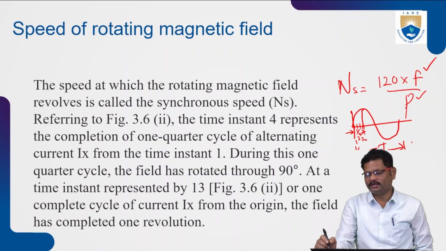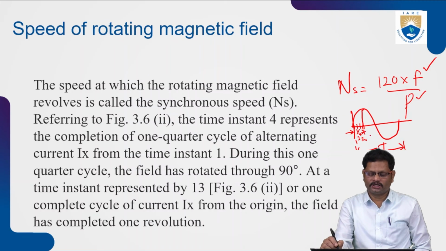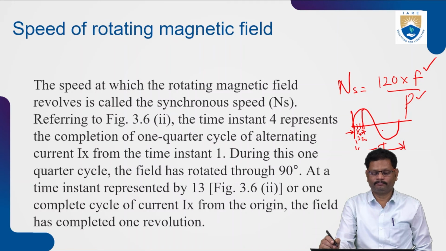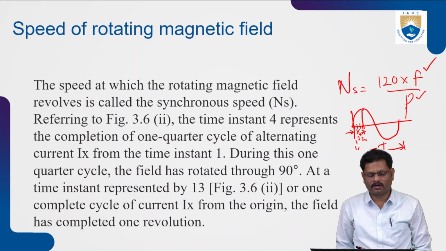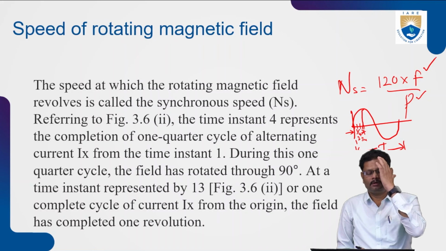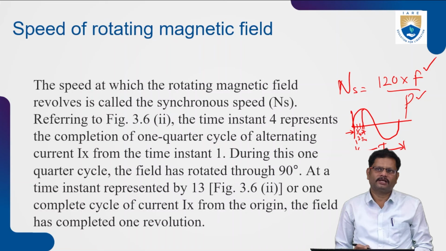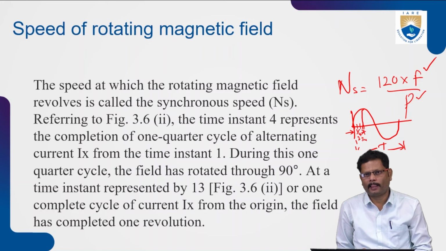If the time period is T, the quarter cycle is 1 by 4 T. So the time instant 4 represents the completion of 1 quarter cycle of alternating current Ix from the time instant 1. During this 1 quarter cycle, the field has rotated through 90 degrees.